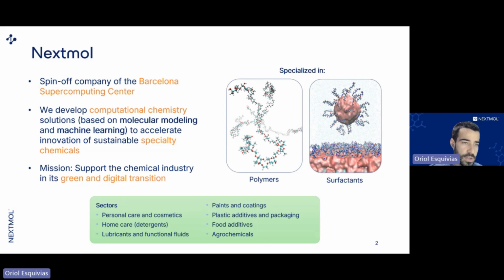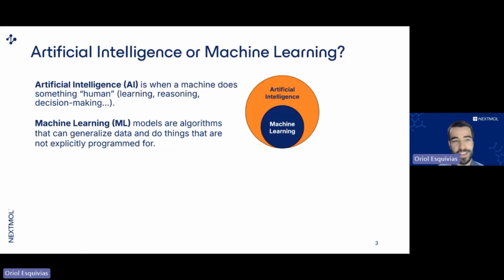But let's go to the interesting topic. Machine learning and artificial intelligence are things that I think you might have heard of. Artificial intelligence is a general, broad term to refer to when a machine does something human, like learning, reasoning, or making decisions.